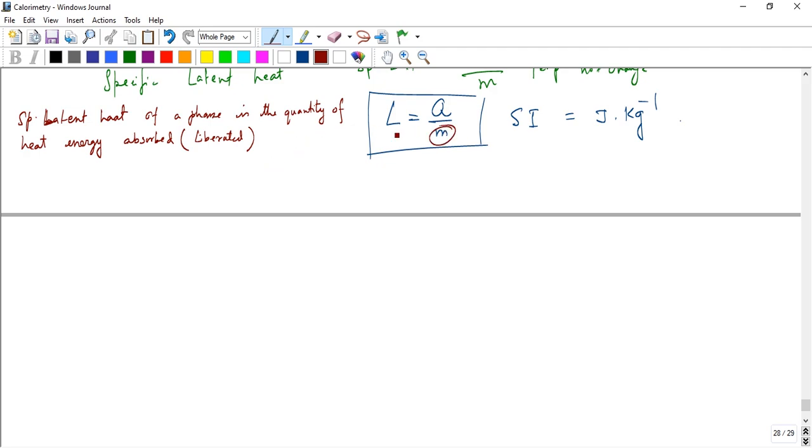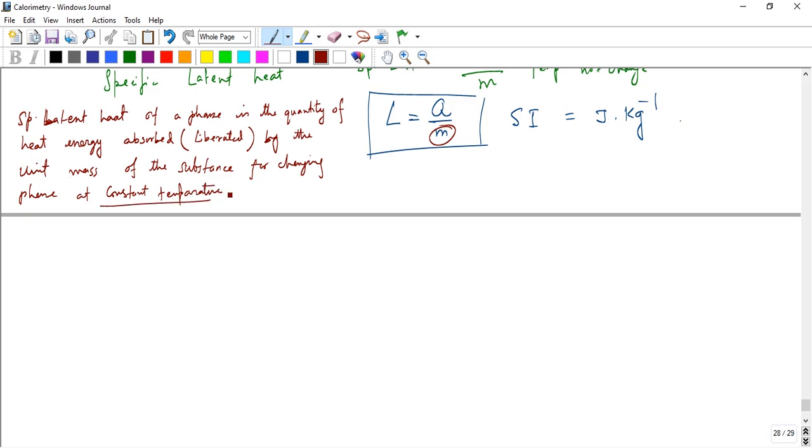Very important, right? The unit mass. This is called specific latent heat.